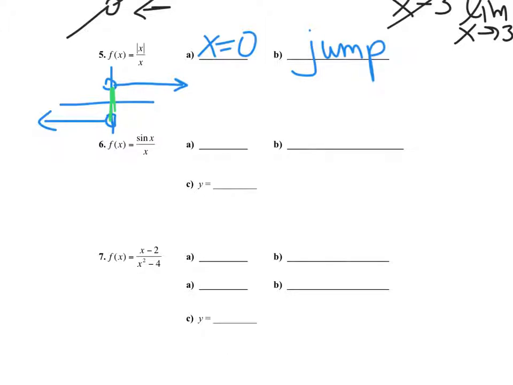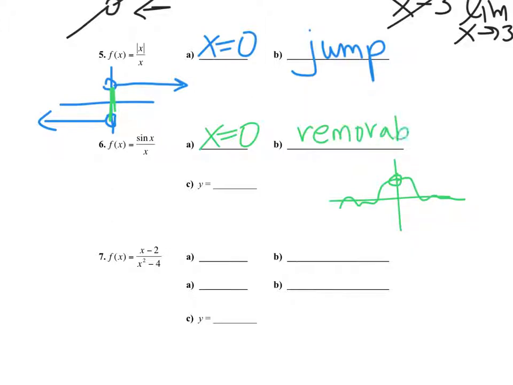Do we have to be in radians? Yes. Is it a hole? Yeah. So x equals 0. When you graph this, it goes like that, and it goes up to here. But on your calculator, there's no y value at 0. So yeah, that would be removable.